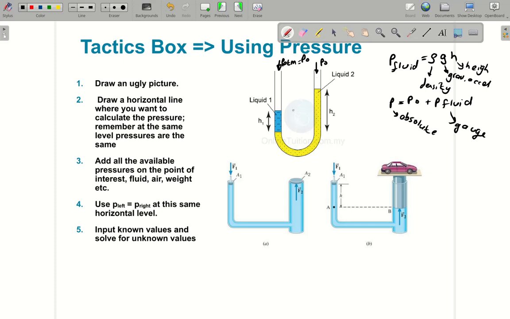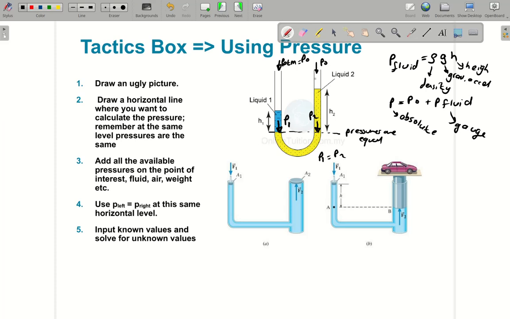Another very important fact here is if I draw a line, and that line I can draw anywhere, folks. At the same horizontal level, pressures are equal. That's it. So I look at the pressure on the left, P left I can call it, or P1 let's say, and I look at the pressure on the right, P2, they are always equal.